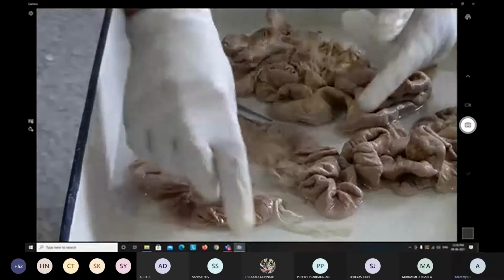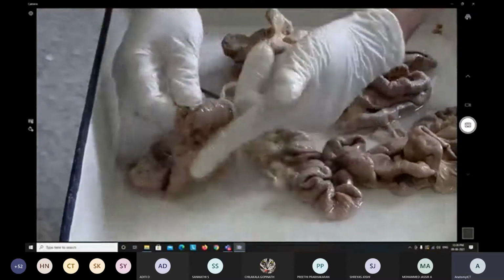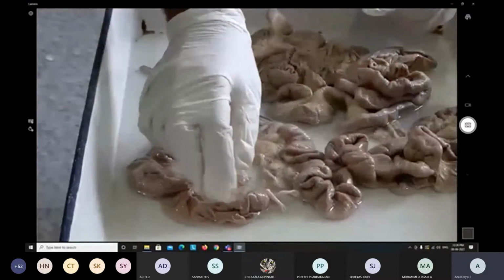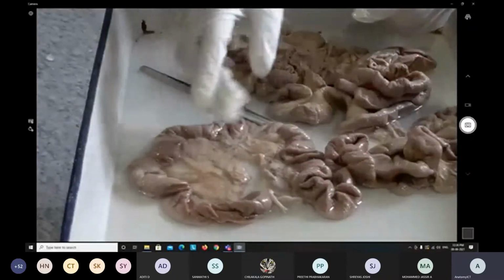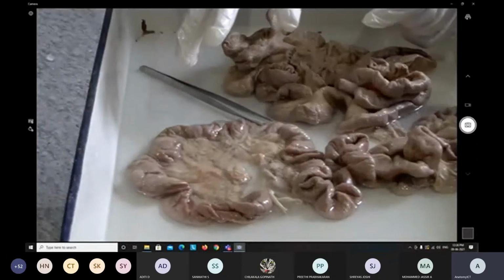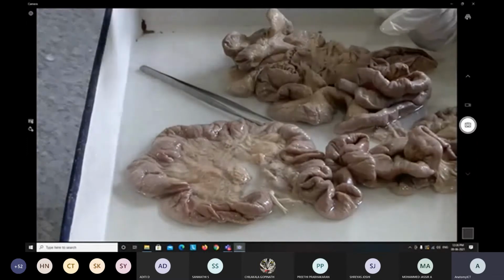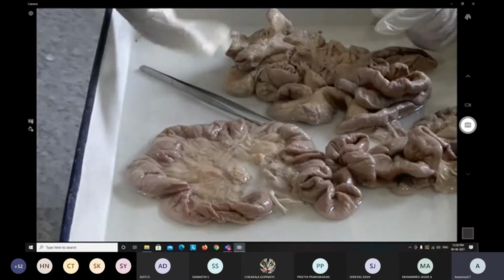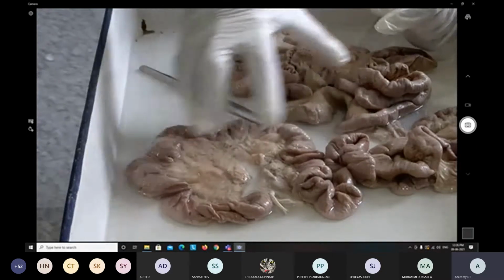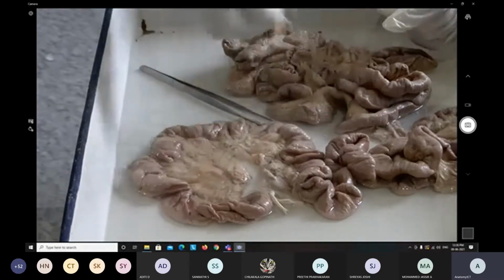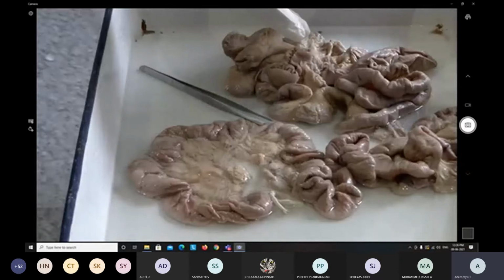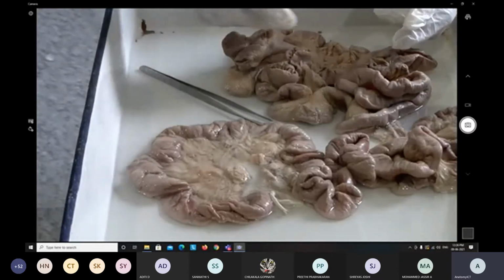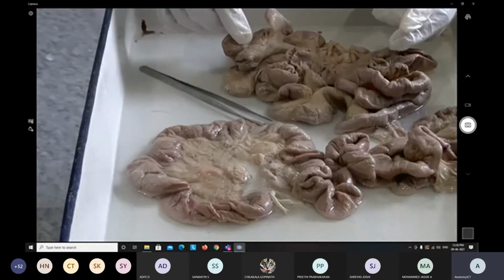Whereas the posterior relation of the duodenum is the portal vein. You don't yet know how the portal vein is formed; when you do the dissection, you will come to know. Just remember that the veins collected from the small intestine, the 7 to 8 branches, form 2 major branches, the superior and inferior mesenteric veins.